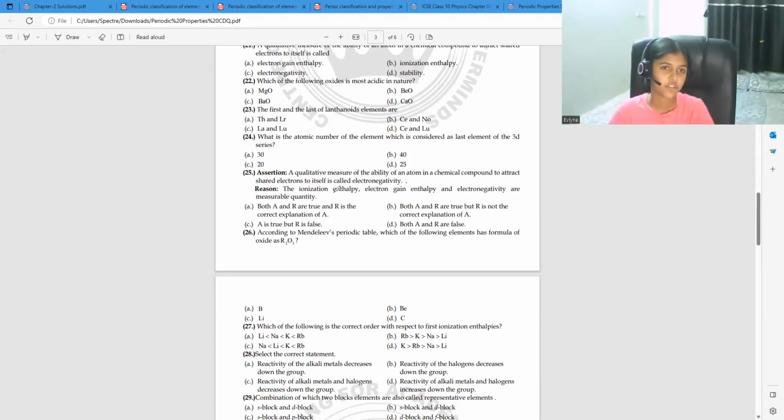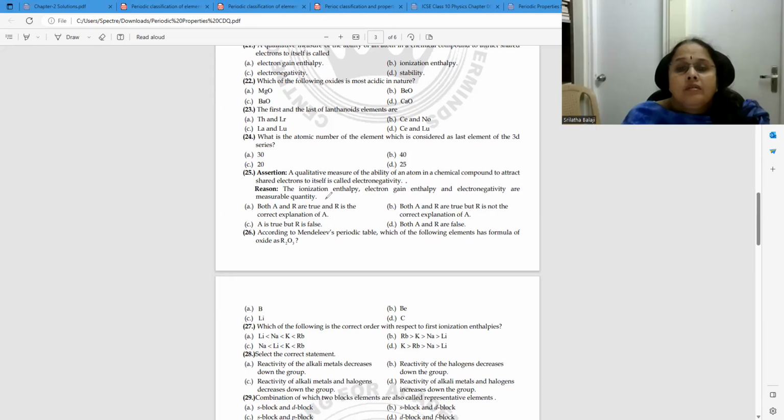Option C. Sometime back I told you, remember, what did I say? Ionization and electron gain enthalpies you actually measure in kilojoules per mole.